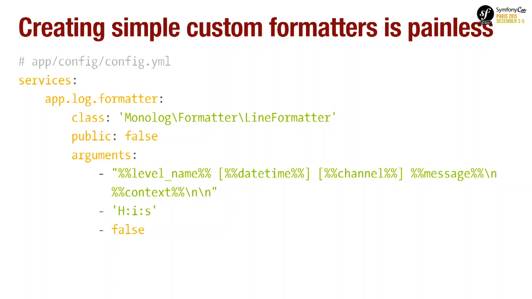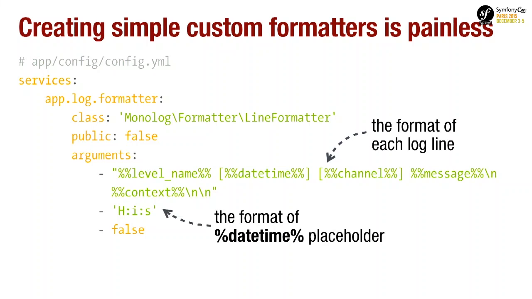Nothing more, nothing less. And then you create a service based on the line formatter from Monolog, and then you pass 3 arguments. The first one is which format should the log lines have. Obviously, you can use a lot of placeholders for the datetime, channel, message, whatever. The second argument is the format of the datetime placeholder if you use it.